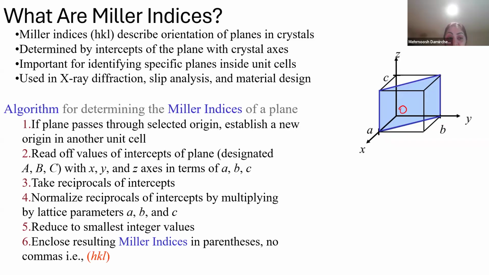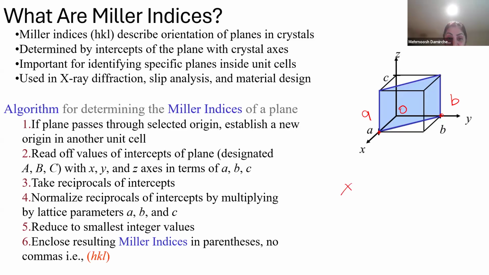The next step, read the value of the intercepts of this plane with the x-axis, y-axis, and z-axis. So, for example, this intercept is A, the intercept here is B, and for the z-axis we don't have an intercept, so it is infinity.